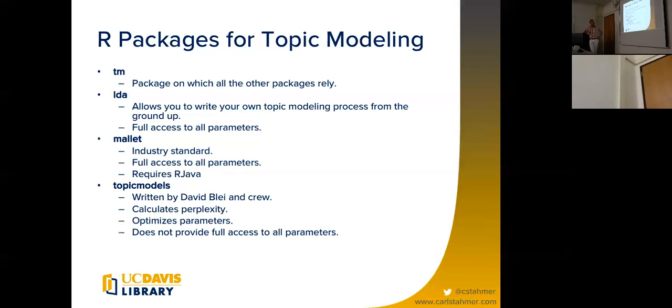LDA lets me run the LDA models independently of the topicmodels package and the mallet package. When we're doing topic models themselves, the one I recommend is mallet. Mallet was kind of the industry standard for a long time. It's based on the Stanford NLP, and most everybody used that. A lot of people, myself included, are getting away from mallet.